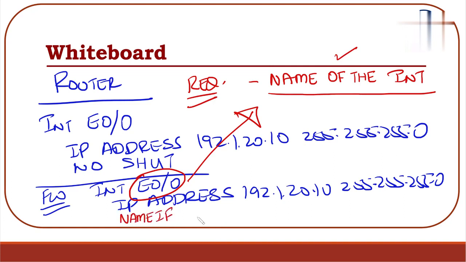We'll go into details about the commands. Let's say this is the outside interface or the external interface. You give it a name. So now if you want to apply an ACL, you're not going to apply it to E0/0, you're going to apply it to the interface called external, which points to E0/0. So the name is a required component because all the other commands will point to the name, not to the physical interface identity.